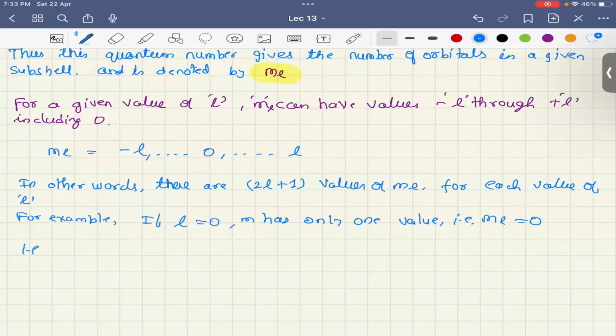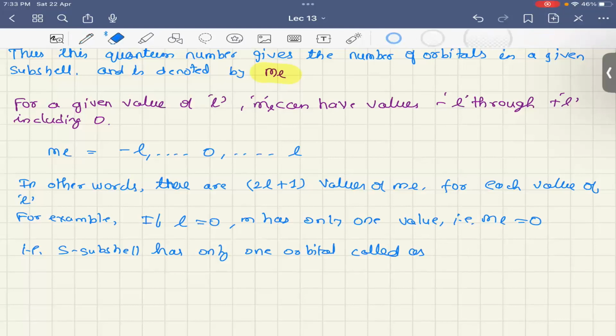That is, the s subshell has only one orbital, called 1s.